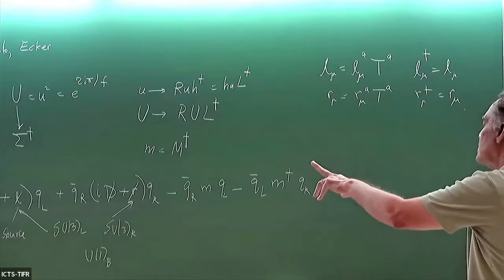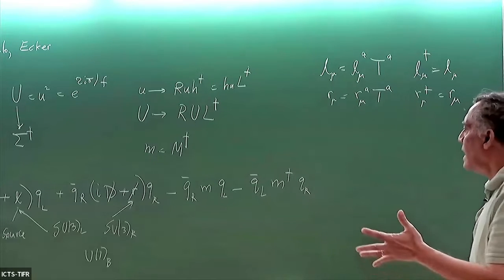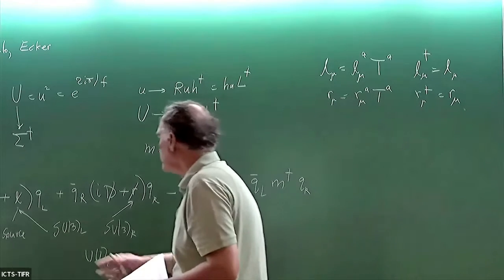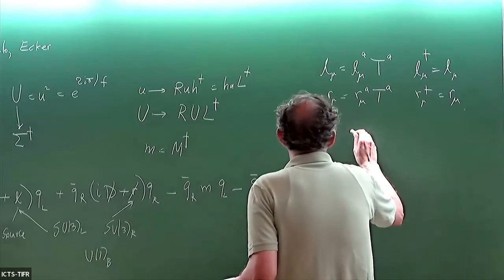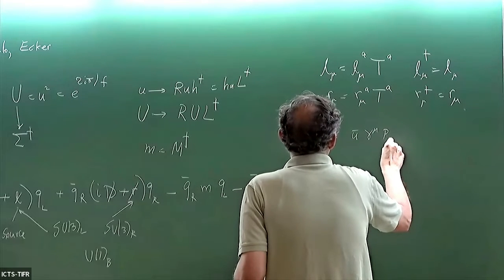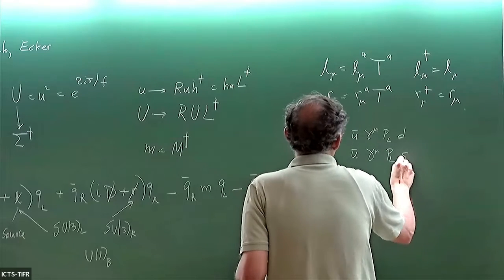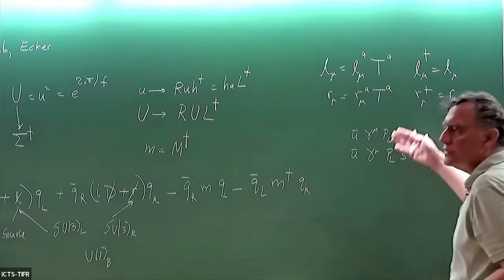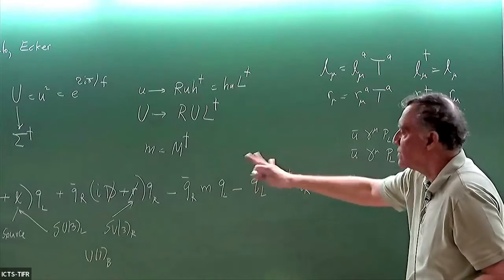Now, the reason this is useful is the weak interaction currents live in this SU(3) left entry, because you could have u bar gamma mu P left d, or u bar gamma mu P left s, with a V_ud and a V_us, and these are both inside this 3x3 L entry, SU(3) left.